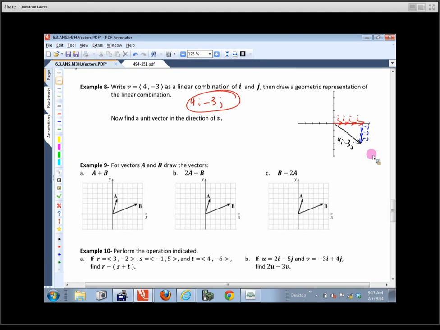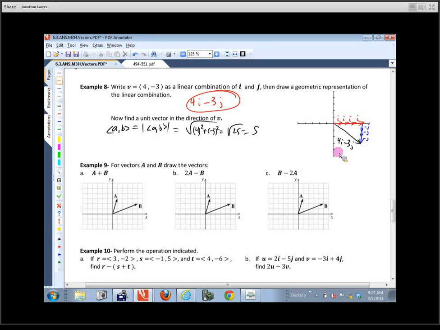Come on. Pythagorean theorem, or that little formula that said, if you've got a vector in component form, then the magnitude of that vector is going to be a big square root, and we're going to have 4 squared plus negative 3 squared, so we end up with the square root of 25, which is 5, right? So how long is that vector right now? 5 units long.